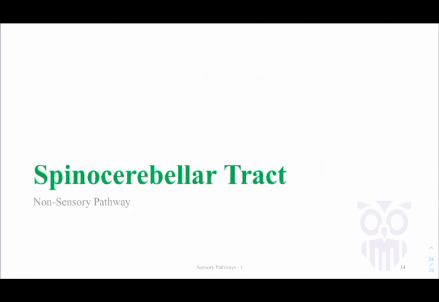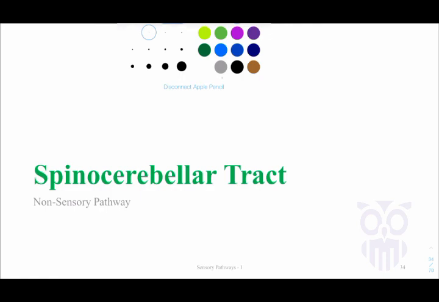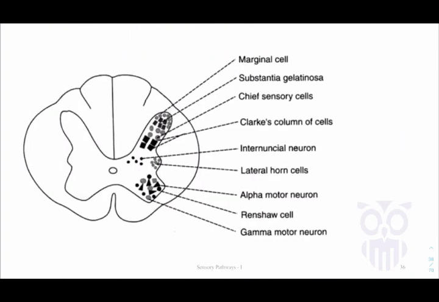Now we go to the spinocerebellar tract. This is a non-sensory pathway. We will go through it a bit fast just to understand. Here the second order neuron is going to come at Clark's column of cells.